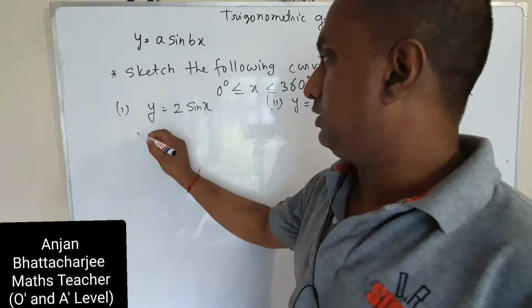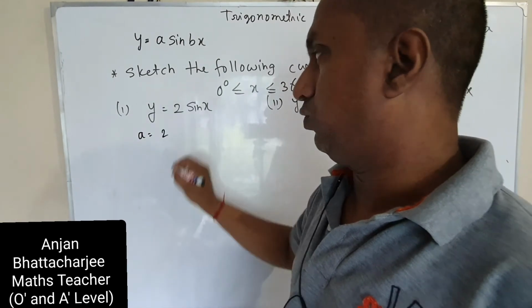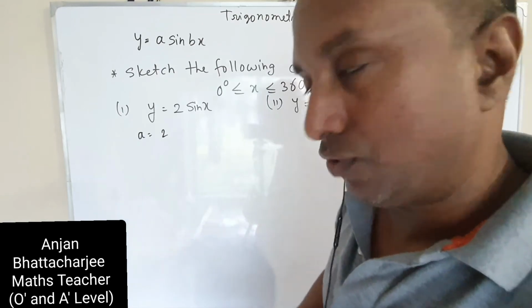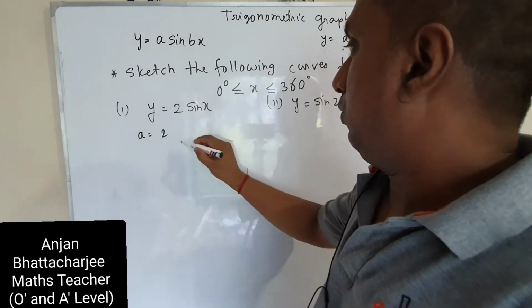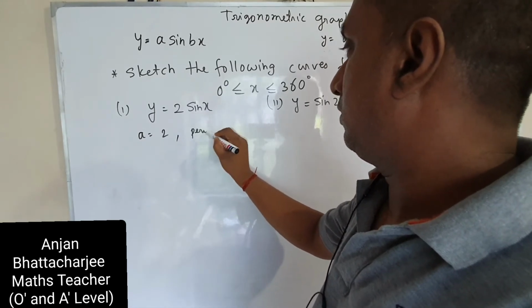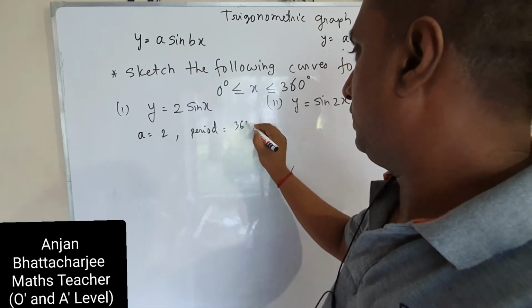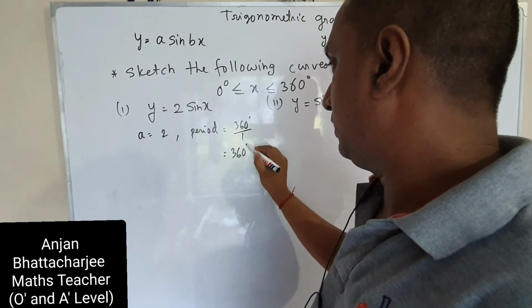For the first, amplitude A equals 2. We will see what amplitude means later when we draw the graph. The period is 360 divided by 1, that is 360.